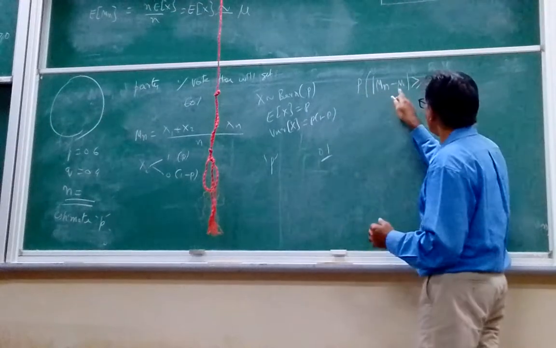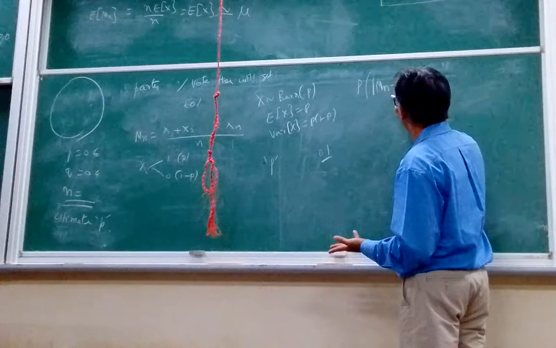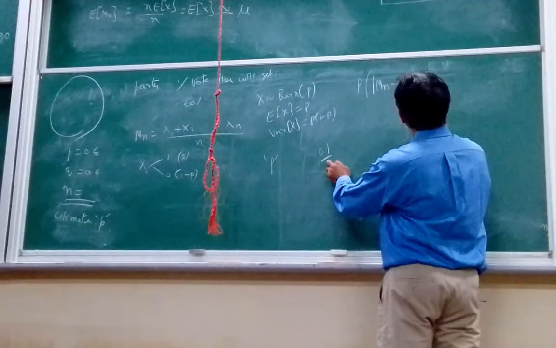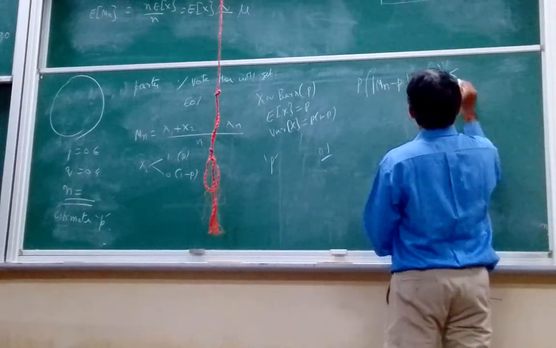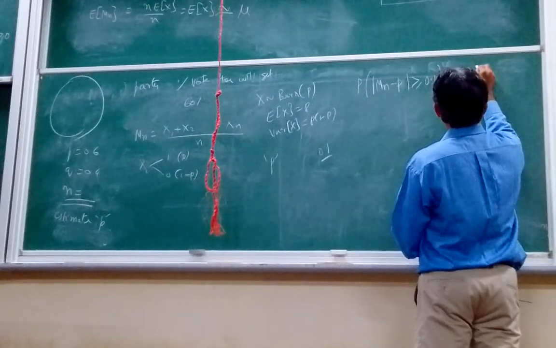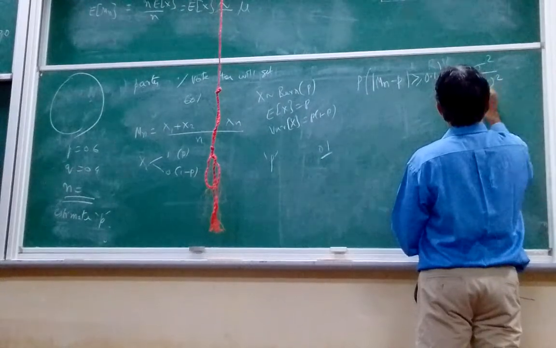That is, M1 minus p is greater than or equal to 0.1. This will be less than or equal to how much? Sigma squared by 0.1 the whole square into n.